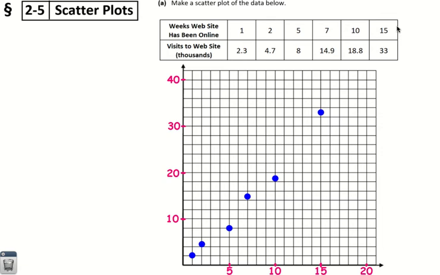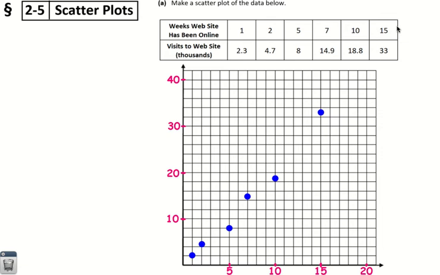And again, you don't have to be super worried about being really exact. For a lot of these points you're just doing the best you can with where they're supposed to be placed. But that is a scatter plot, and it's a pretty good name because it just looks like a scattering of a bunch of dots.